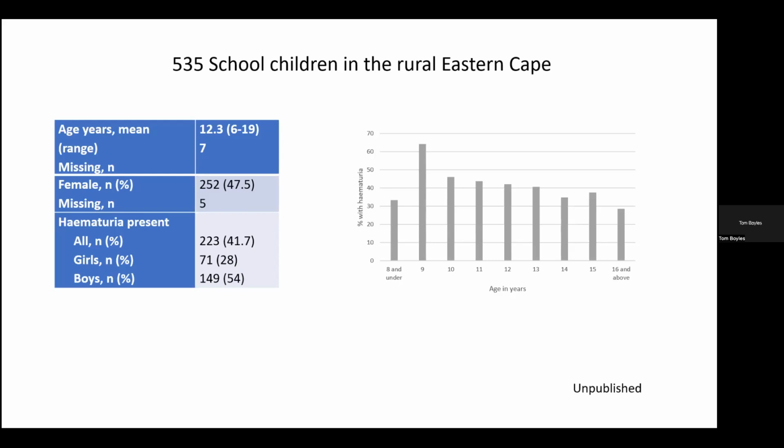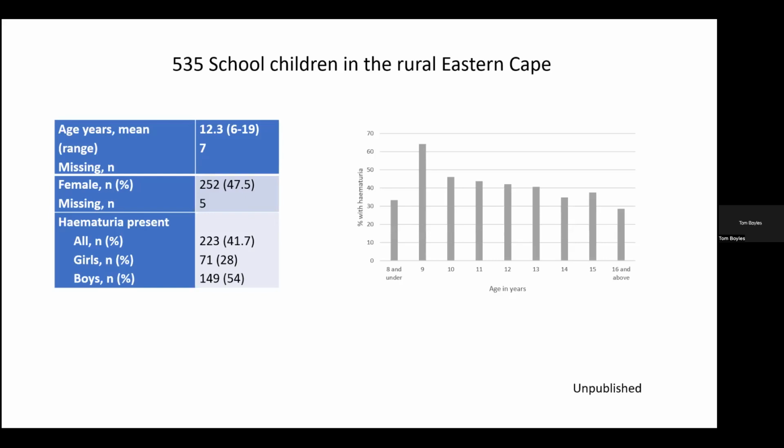I'm still waiting on my colleagues to get the right approvals to publish this, but this would be the largest survey in that part of the Eastern Cape. I won't show you all the other prevalence surveys, but there are many up the coast, particularly in KZN, up into Limpopo and Mpumalanga, and they largely show the same thing: that hematuria is present in approximately 40 plus or minus percent of kids of secondary school age.